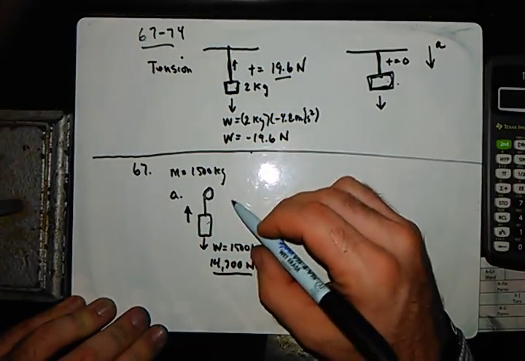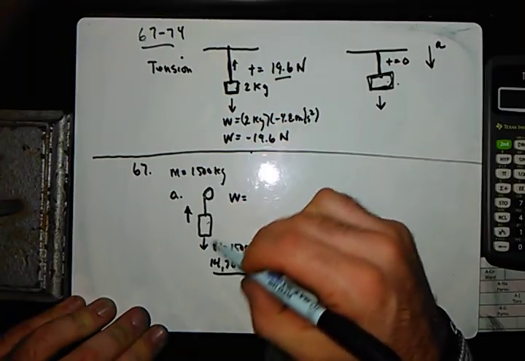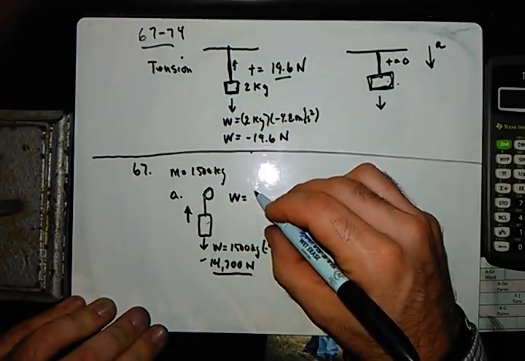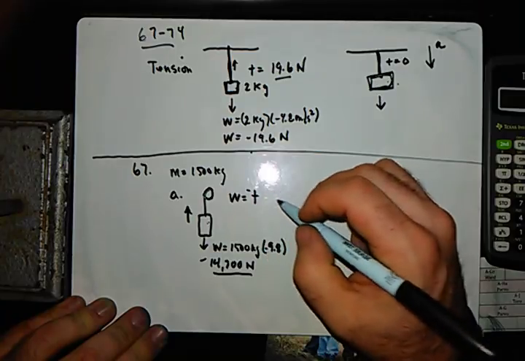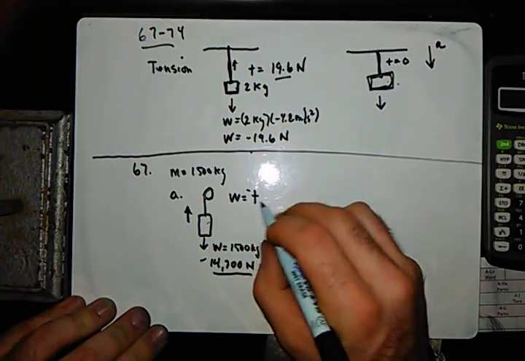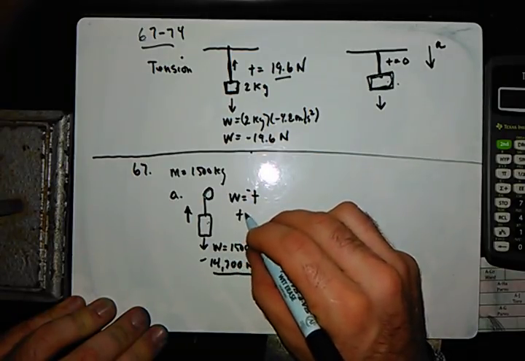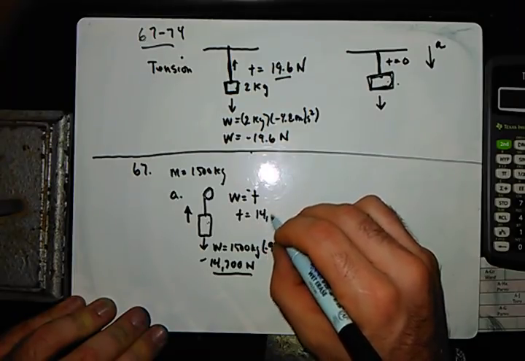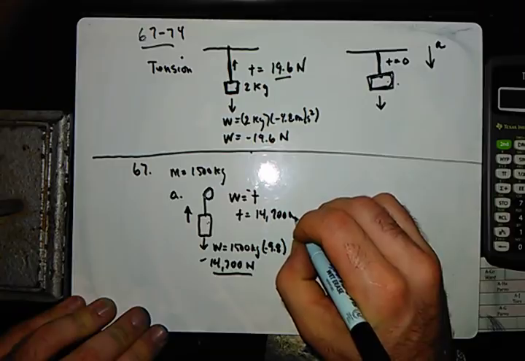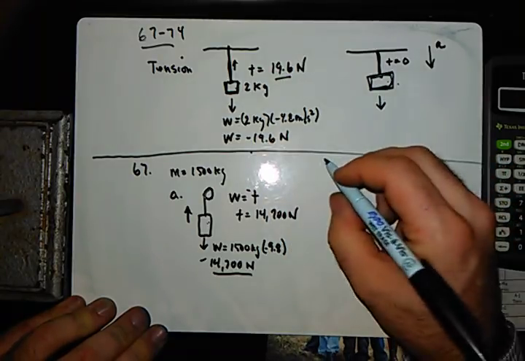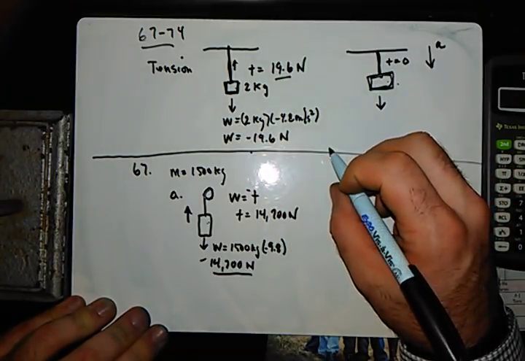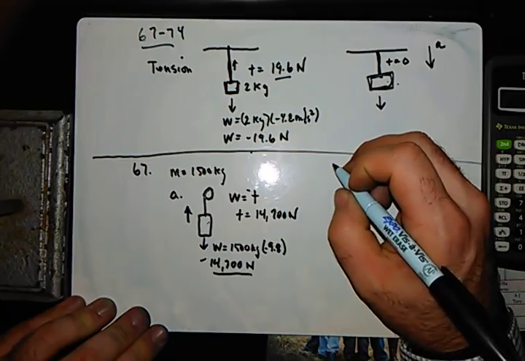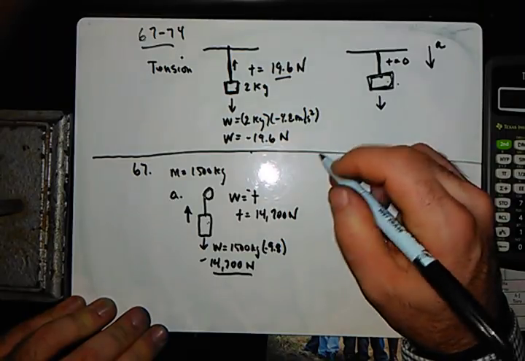So the weight of the object is equivalent to the tension going in the opposite direction. So tension in this case is 14,700 newtons.